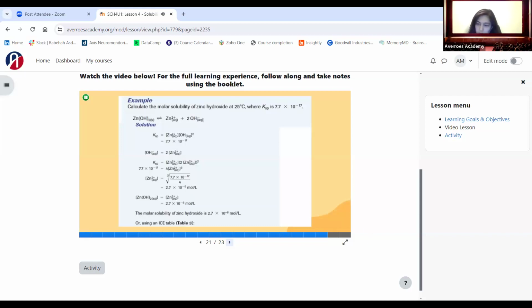And since we're in a 1 to 1 ratio, the concentration of our zinc hydroxide is going to be equal to the concentration of our zinc ion, so it's going to be the same. So the molar solubility of zinc hydroxide will be 2.7 times 10 to the negative 6 moles per liter. Alternatively, we can solve this using an ICE table, whatever you prefer. So we'll go through that example on the next slide.